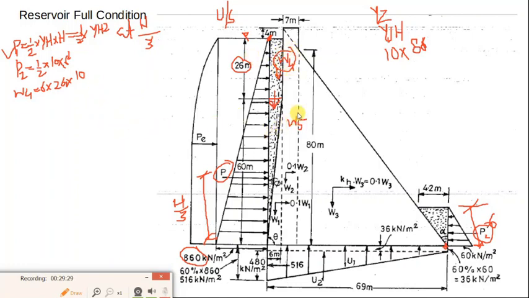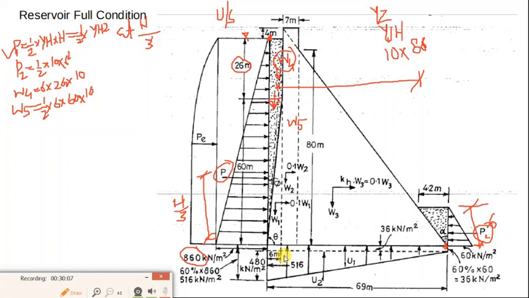And W5, this is a triangle, so W5 will be equal to half into base into height into unit weight of water. Now the lever arm, how to calculate the lever arm? Lever arm is the distance from the toe, which is how much?